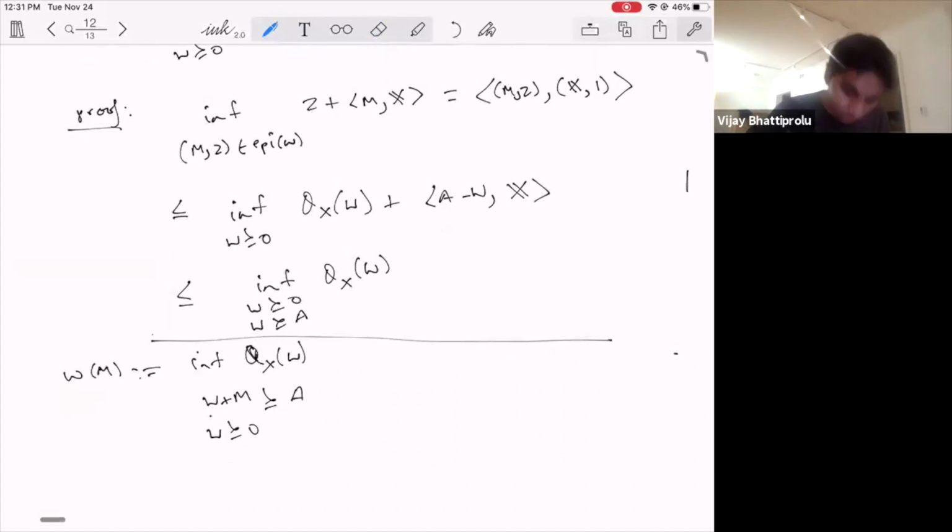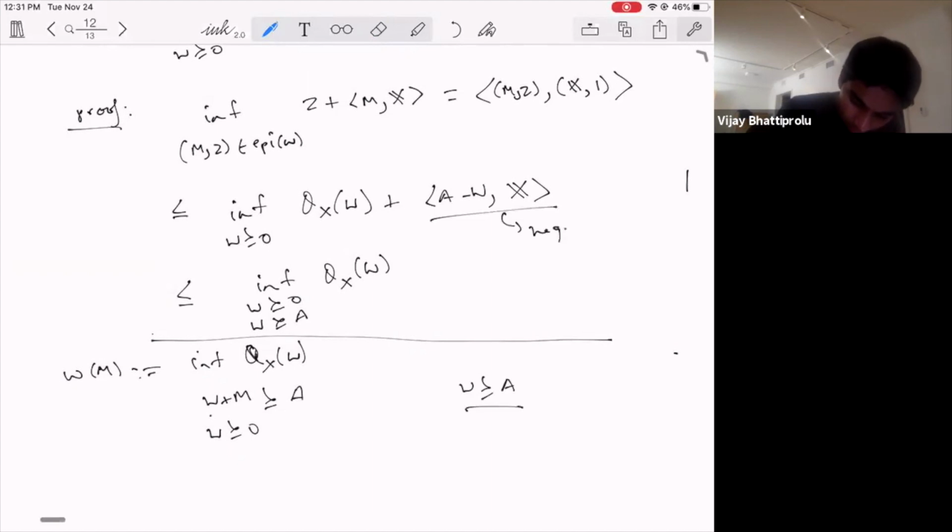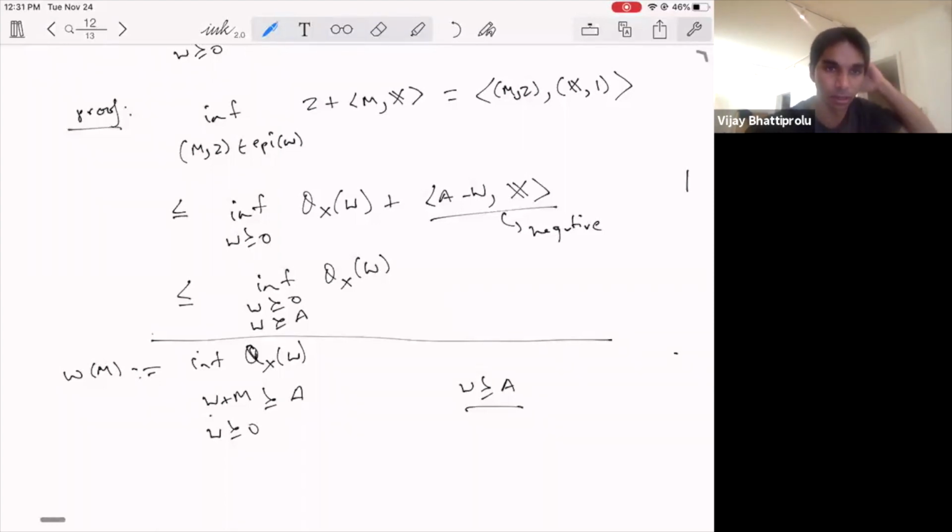Well, restricted to the set of instances where W is greater than or equal to A, this quantity must be negative, because X is positive semi-definite, as we concluded earlier. And then we're taking an infimum over a smaller set. Not only are we taking an infimum over a smaller set, we're also changing the objective to something that's larger. So this inequality follows.